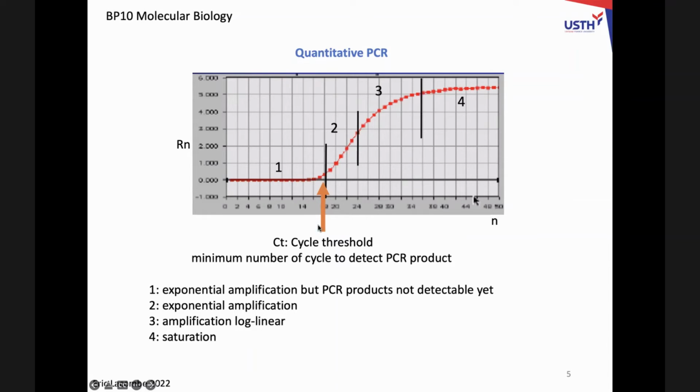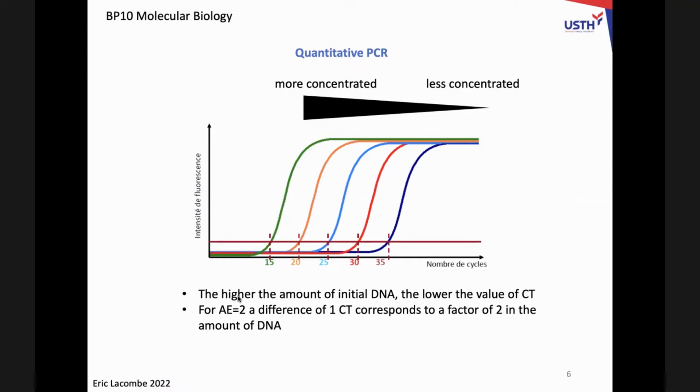But this point that defines the borderline between phase 1 and phase 2, this number of cycles, is very, very informative because it can be taken as a number that is proportional to the initial number of molecules X0. I explain myself.